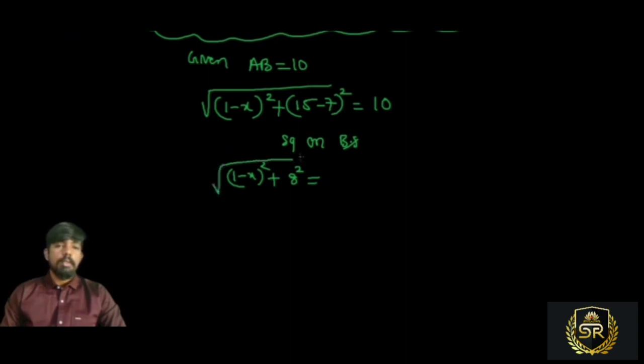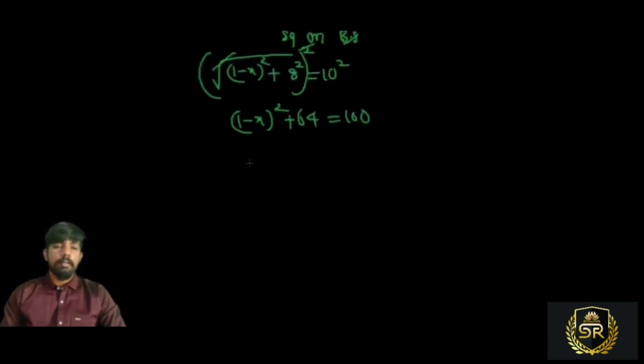The root and the square cancel, and from here (1 minus x) whole square plus 64 is equal to 100. Sending the 64 to the right hand side, 100 minus 64 is 36.